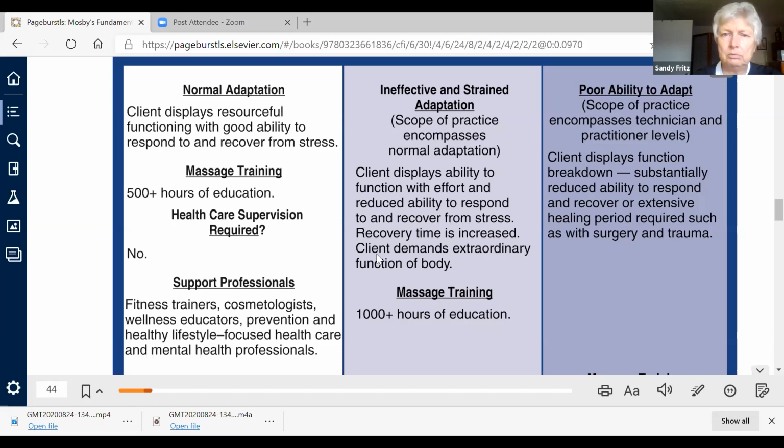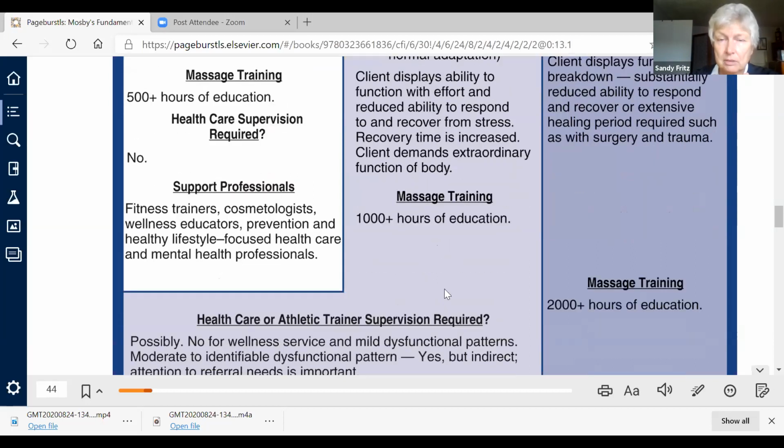And people don't have good adaptive capacity. You can't demand a lot of their body when they're in that type of situation. And so you learn more about adaptive responses and maybe medication that people might be taking and how you would alter your application based on that. That's where you fill up the scope of practice even more.